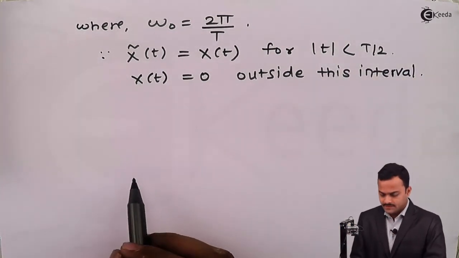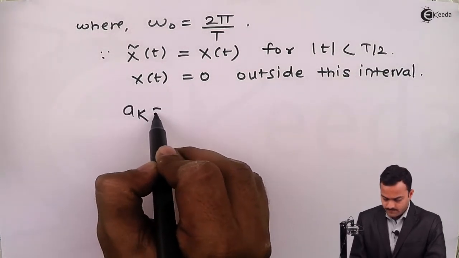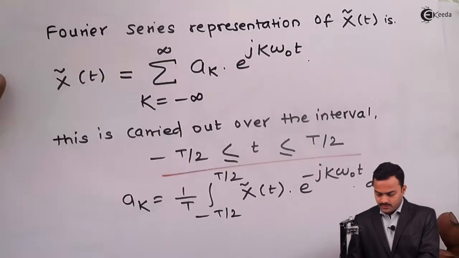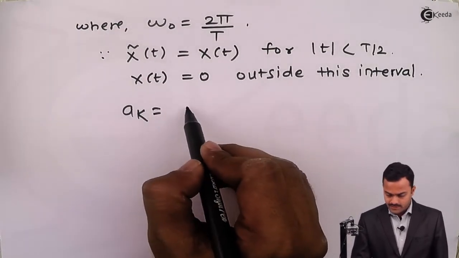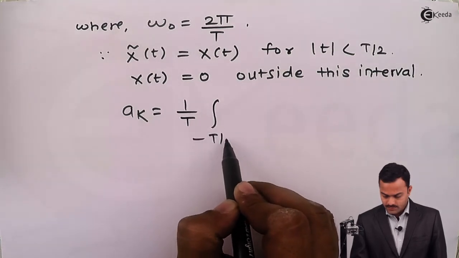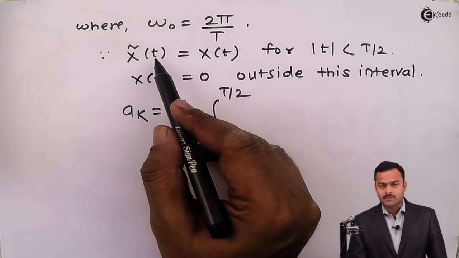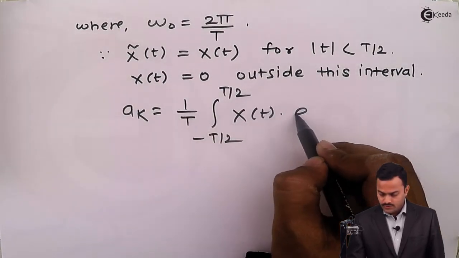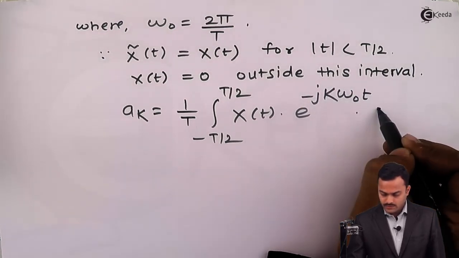How are we going to represent this? Now I can say this ak, which we have written like this, can be modified as 1 by T integral from minus T by 2 to T by 2. As we discussed, during this interval x bar t is the same as x of t. So x of t into e raised to minus j k omega 0 t dt.